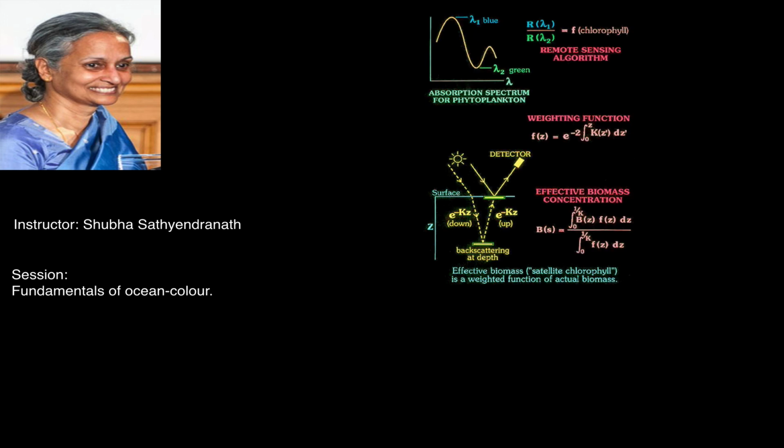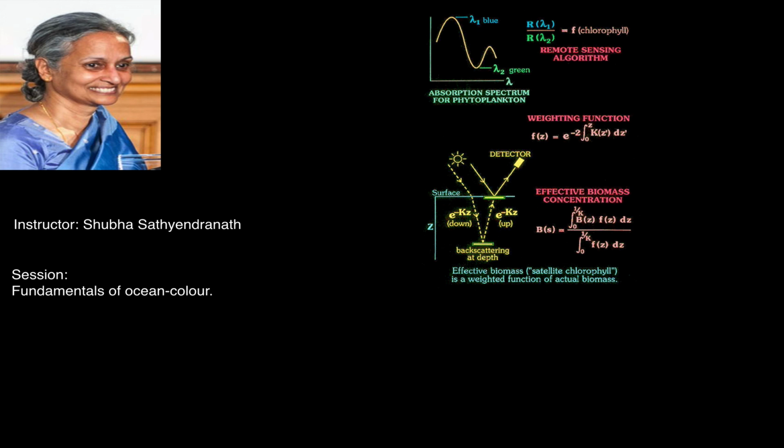Now, if you are trying to do primary production estimation from satellites, we have a problem. The satellite is not monitoring the entire water column. It is monitoring the surface. And it is not just the surface, it is a finite layer of the surface. And how finite?